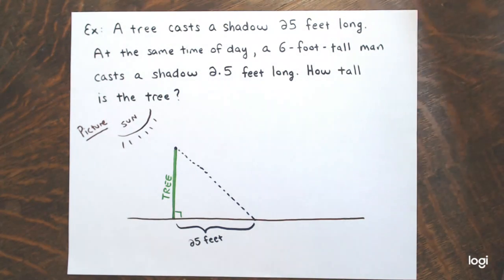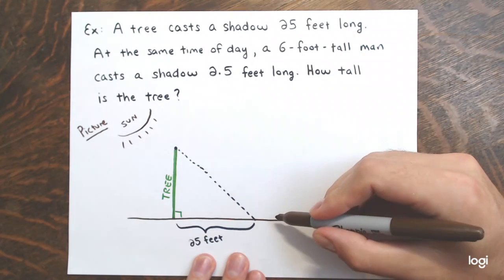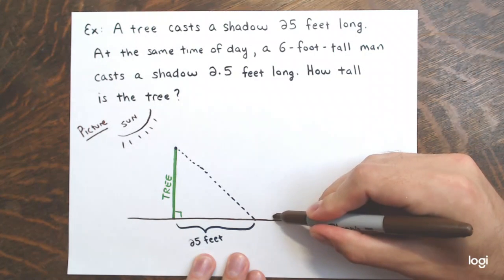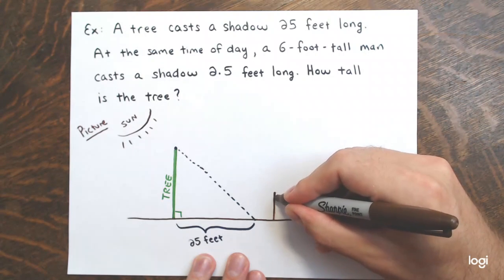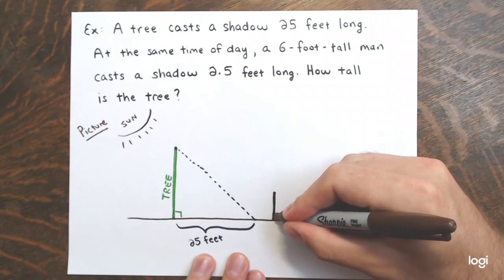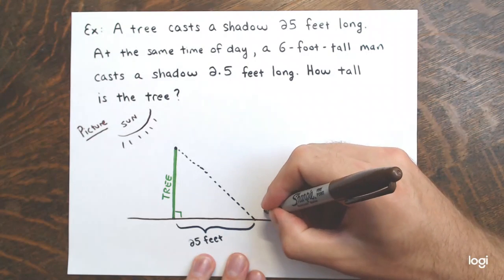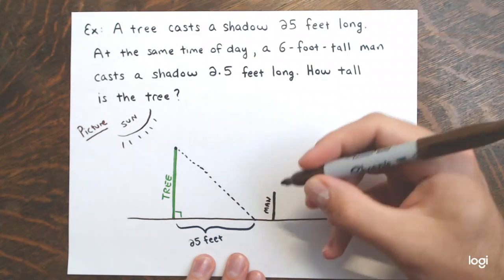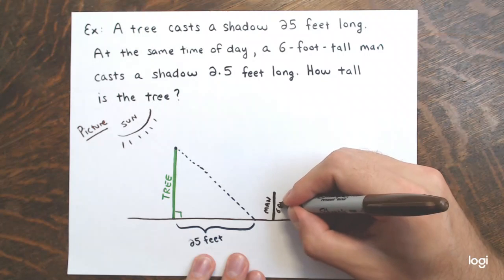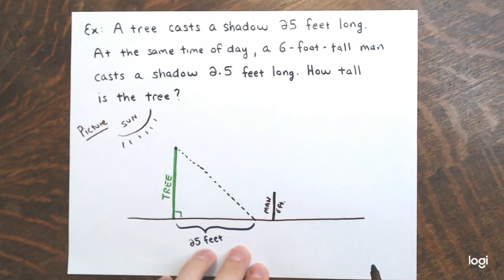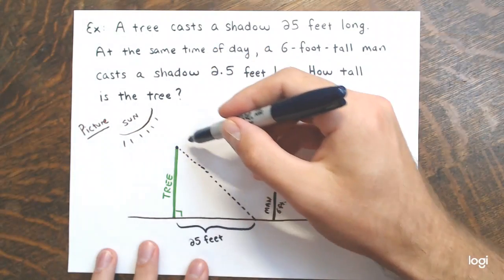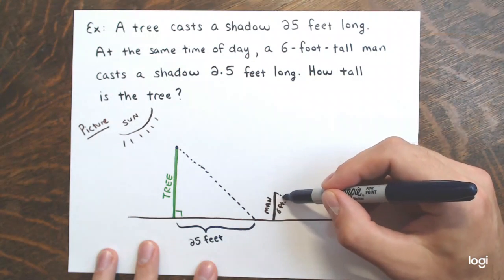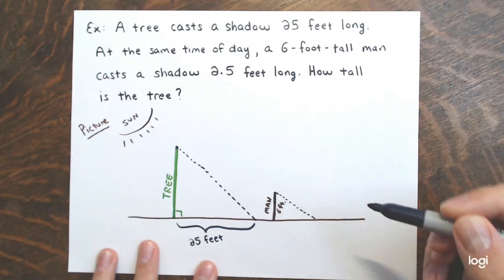I'm just going to make that a brown segment here, hopefully shorter than the tree. So here's the man, and they said he's 6 feet tall, so I'll put 6 foot there. And again, the man casts a shadow. Sun's in the same place, coming down, casting a shadow this way.